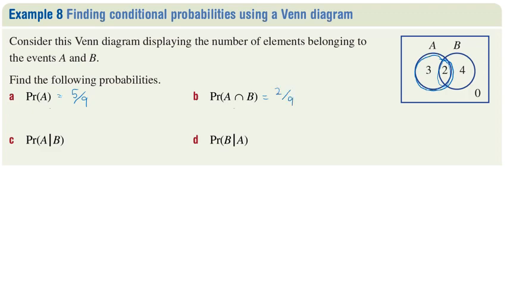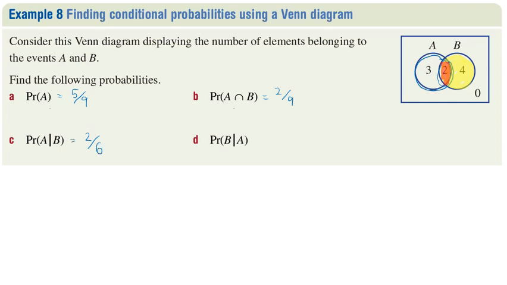Okay, on to our next one here. We're finding the probability of A, given that B has already occurred. So B has already occurred, and the probability of A is this here. So A, given that B has already occurred, is 2 out of 6.